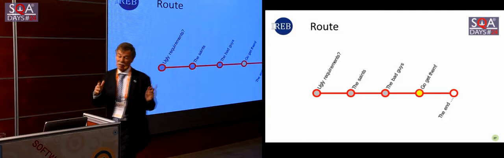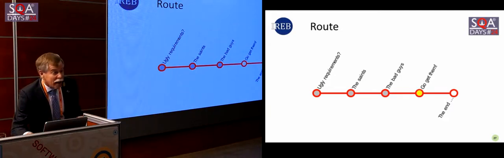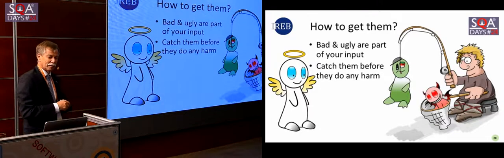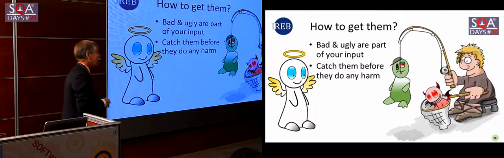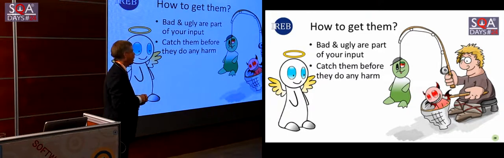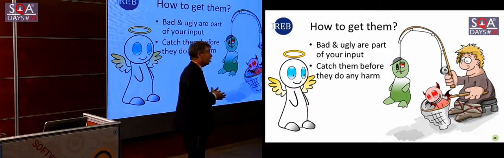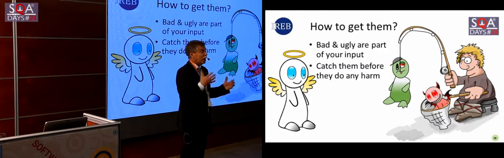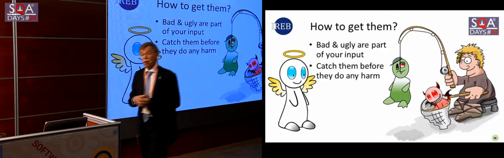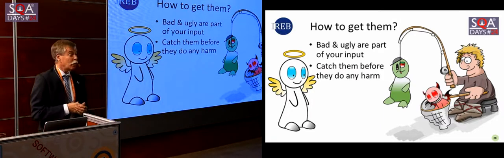Sorry for that, but it's reality. So you have to do something about it. You have to catch them before they do harm. Because be sure it's not the Bible that you get as input. There are defects in your input. And if you are able to catch these defects before you actually start testing with it, it's much cheaper and it makes your work much easier.